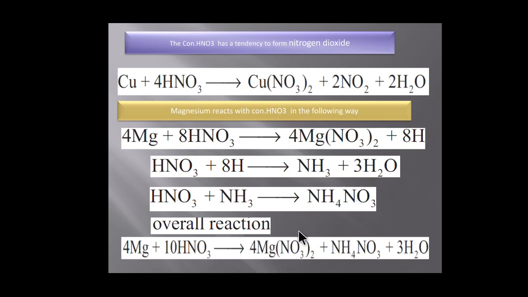The overall reaction is 4 Mg and 10 moles of HNO3 giving 4 moles of magnesium nitrate, ammonium nitrate and 3 moles of water in concentrated HNO3. In concentrated acid, water is minimum, but in the diluted state it is produced in larger amounts.